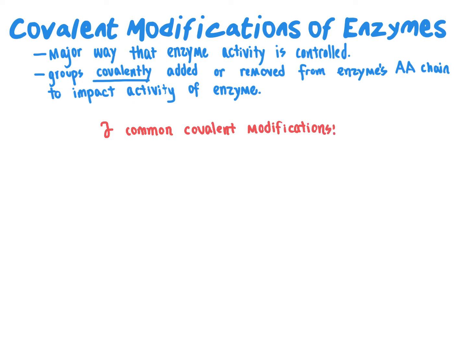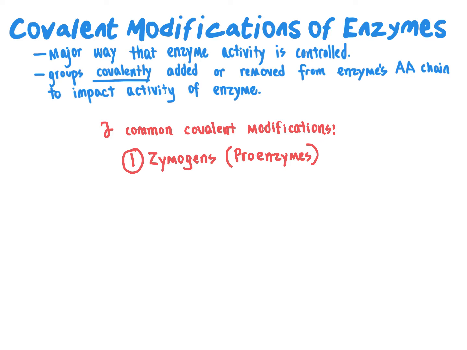Two common types of covalent modifications are zymogens, also known as proenzymes. Pro means pre or before. So zymogens or proenzymes refer to enzymes that are produced by the body in an inactive form initially.